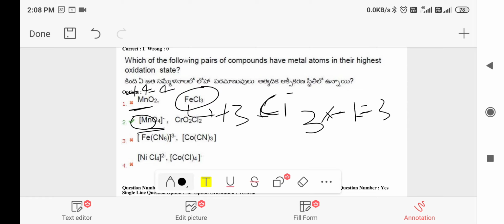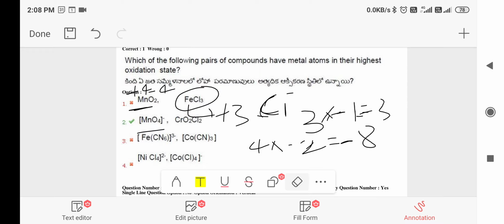Here each oxygen carries -2, so we have 4 oxygens. So 4 into -2 equals -8. Here we have -1 on the complex square bracket, so we have to subtract 1, so we get -7. So manganese carries +7.